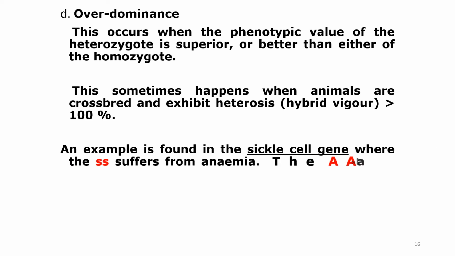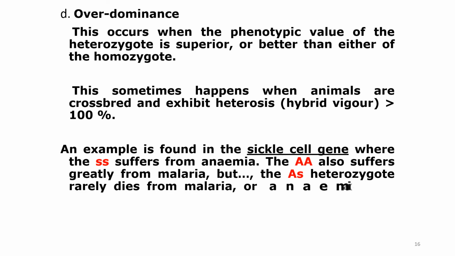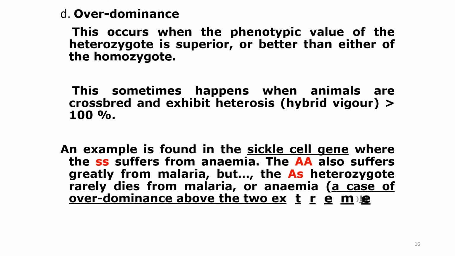So an example of overdominance can be found in sickle cell anemia in humans, where the SS will suffer from anemia, and those carrying the AA genotype suffer greatly from malaria. But surprisingly, the AS heterozygote rarely dies from malaria, or indeed shows cases of anemia.